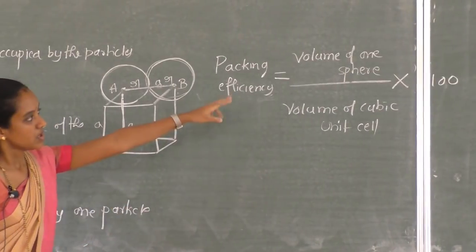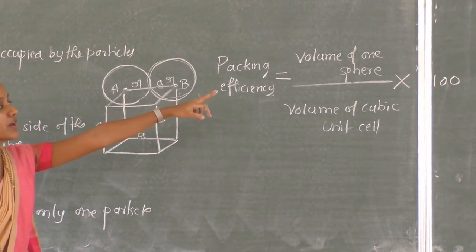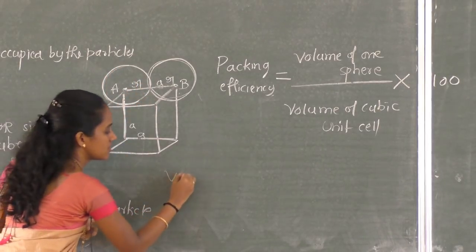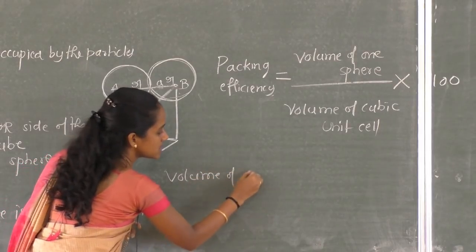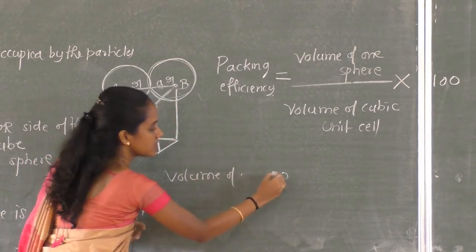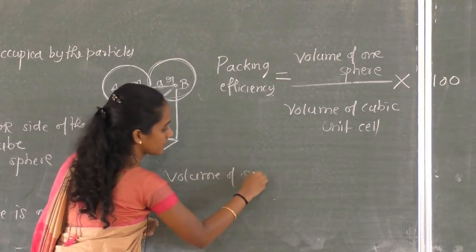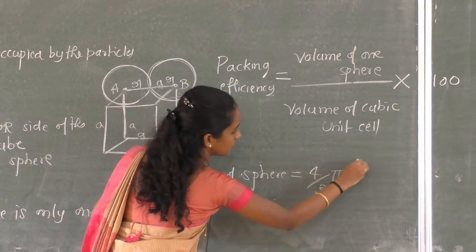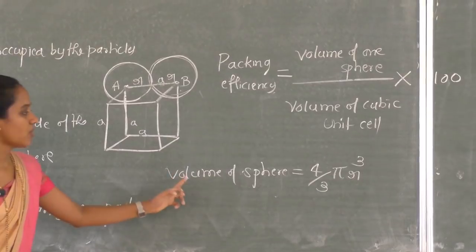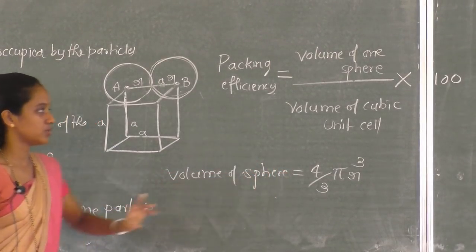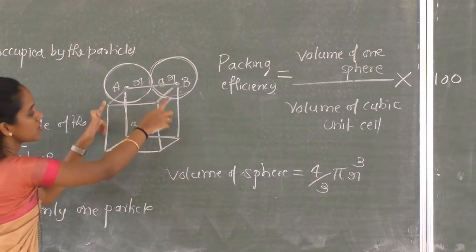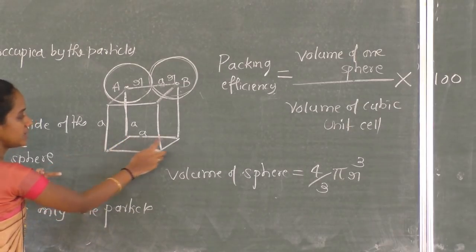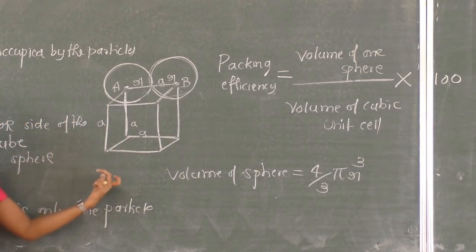Okay. Now, in the formula, volume of one sphere. What is the volume of one sphere? Volume of a sphere is equal to 4/3 pi r cube. Yes. So volume of the sphere is equal to 4/3 pi r cube. What about the volume of cubic unit cell? What is the volume of this unit cell? Since it is a cube, all the three sides, length, breadth and height, are equal.